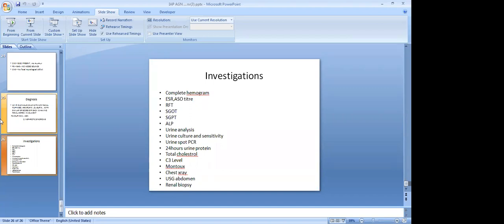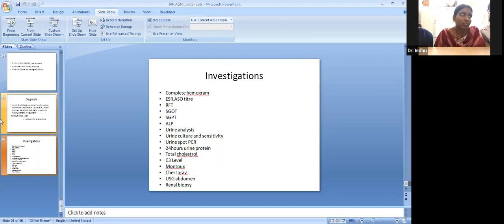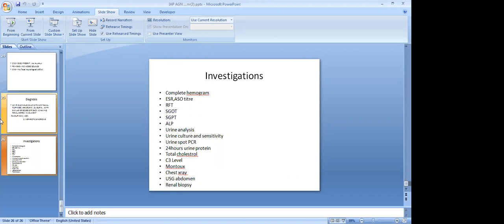Then what do you expect in platelets? Where will you find thrombocytopenia? Come on, you're answering well. Don't worry. Cheer up. Tell.